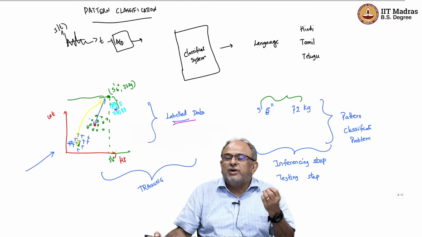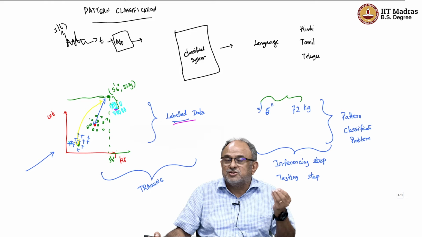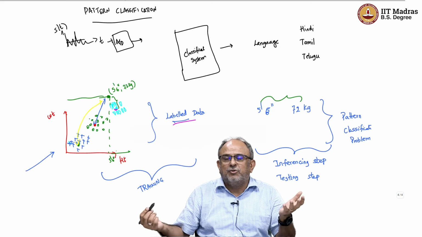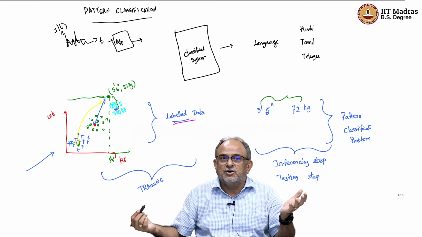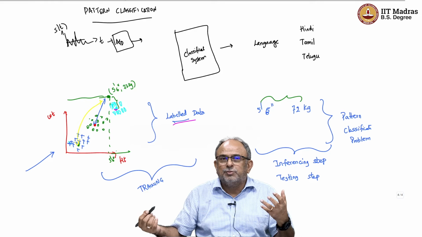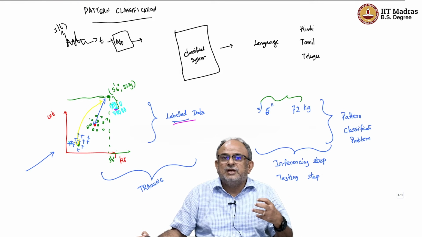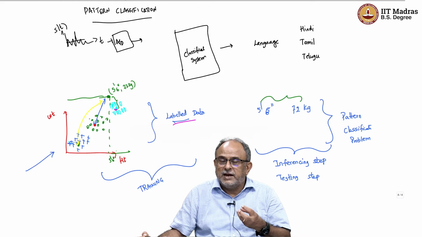It's very rare that a child will have a measurement of 5 feet 6 inches and 72 kgs. When I say child, let's assume everyone under the age of teen, less than 13 or so. Teenage we can have as a separate class if you want. Then for a woman, there are some women who may be 5 feet 6 inches 72 kgs, but it's more likely to be a man.